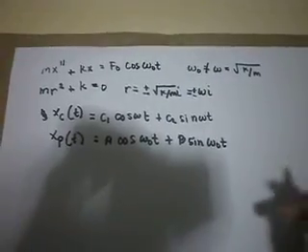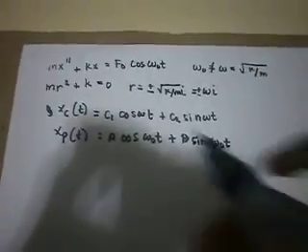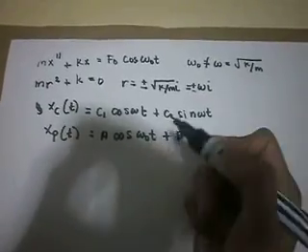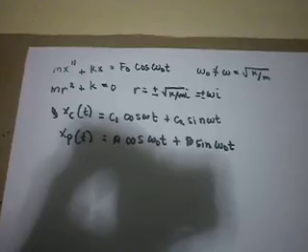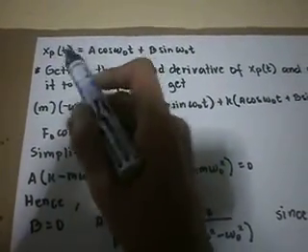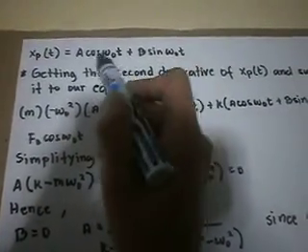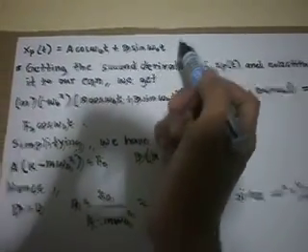This is our x particular, our guess. We need to find the values for A and B. So I have here a discussion about this. We let x_p a while ago to be equal to A cosine omega_0 t plus B sine omega_0 t.